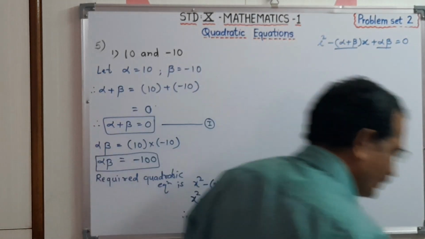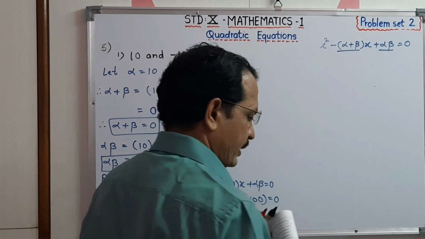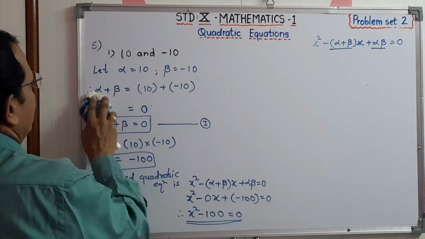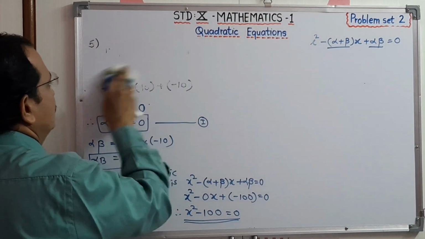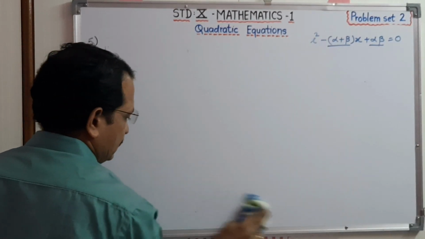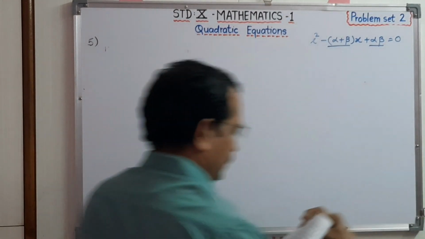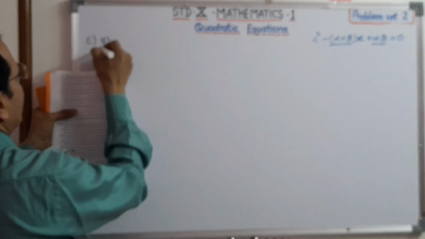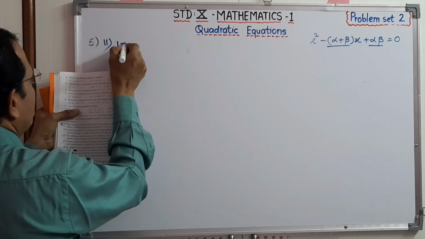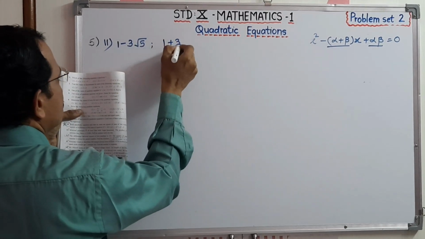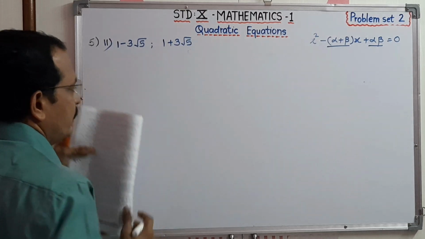Now, let's see the second one. Second one is 1 minus 3 root 5 and 1 plus 3 root 5.